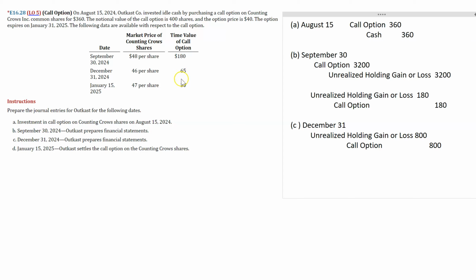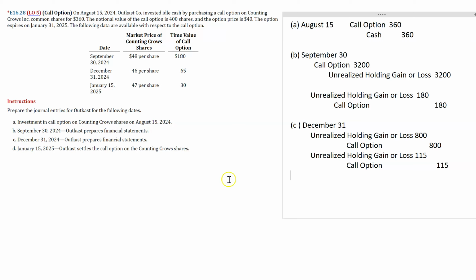So we will also reduce the call option value by 115, and we'll debit it as unrealized holding loss, or you can use the entire account title, unrealized holding gain or loss. So the difference between these two, 115, and we will also credit call option 115.